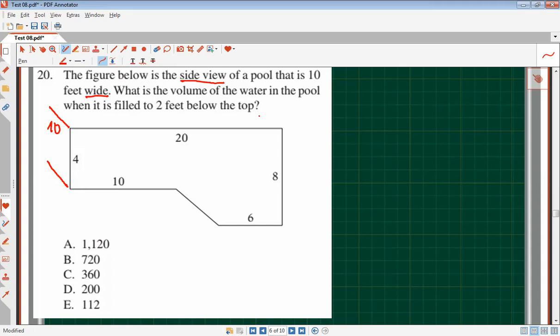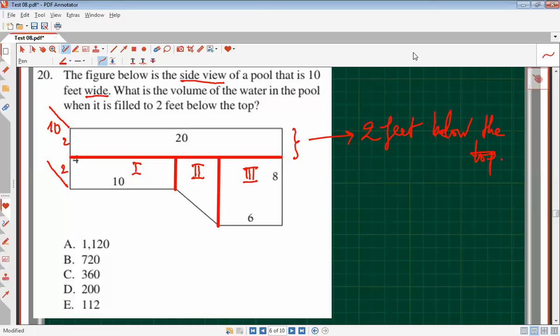First, we need to partition the diagram into regions. The figure after partitioning looks like this. Maybe you ask why we need to do this. We will calculate the area of each region and then multiply by the number 10.